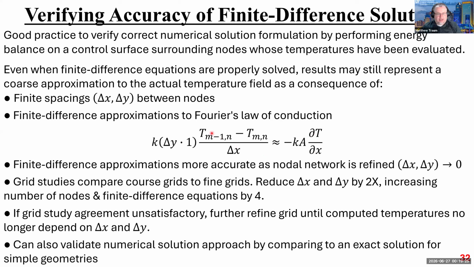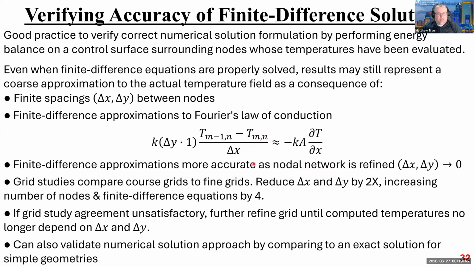So we're basically linearizing this derivative, and if the derivative is changing more rapidly than I can capture with a linear approximation, I'm going to miss the change in derivative with this kind of finite difference approach. So just things to be aware of.